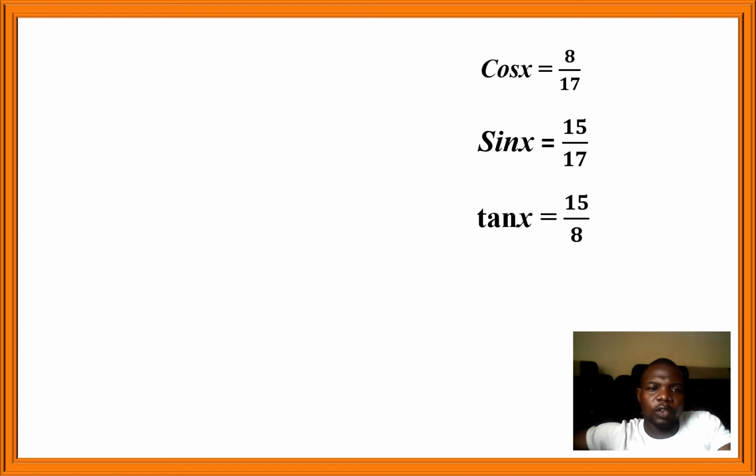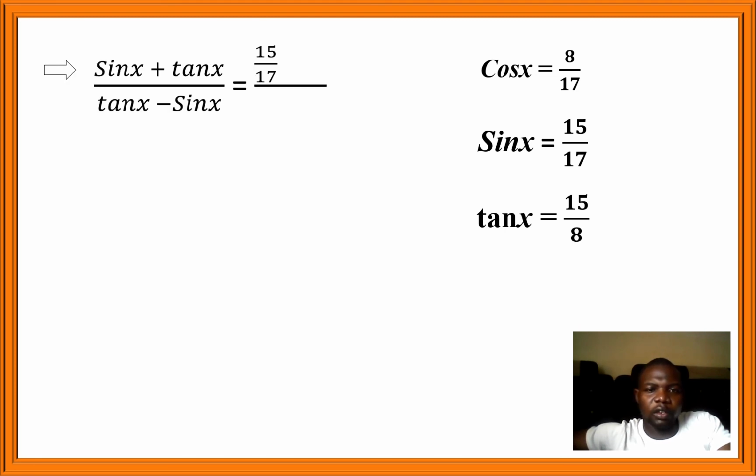In order to find the solution of the second example, which is sine of x plus tan x all over tan x minus sine x, this will be equal to 15 over 17 plus 15 over 8, all over 15 over 8 minus 15 over 17.